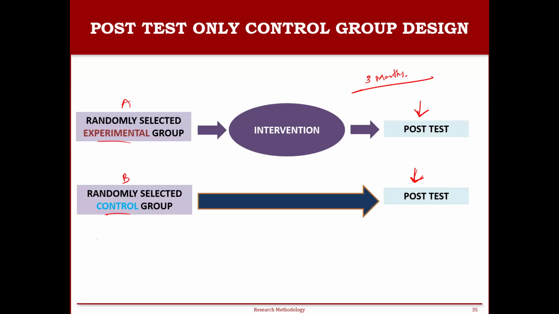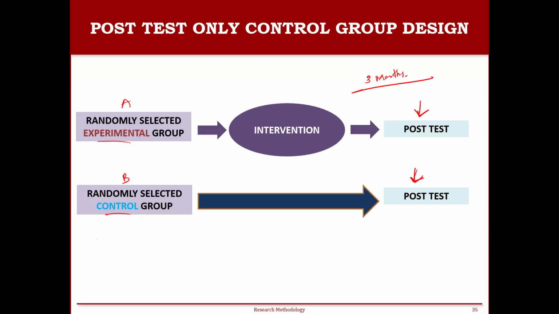After the post-test, you can even identify whether there is a difference between the traditional method and the online learning platform. So that is how we practice the post-test only control group design. We can identify if there is any effect by comparing the results between the experimental group and the control group after the intervention, because we are comparing two groups.